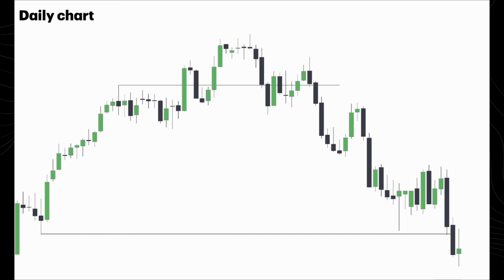Now, as I said before, the daily chart is mostly used by short-term traders and intraday traders, right? And you're going to use the same concept here again to analyze this price action and reach a conclusion regarding your directional bias for the day. You're going to refine all the analysis you've done on the monthly and the weekly chart and refine it down to the daily chart.